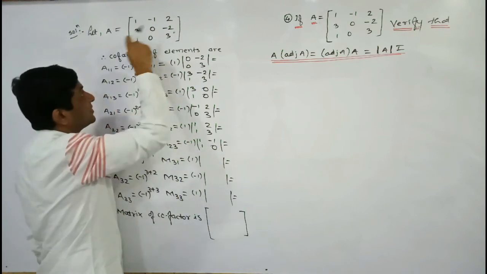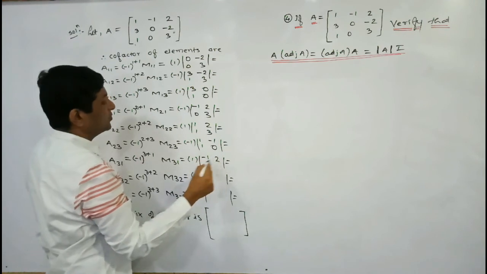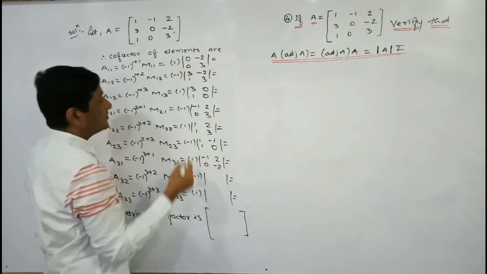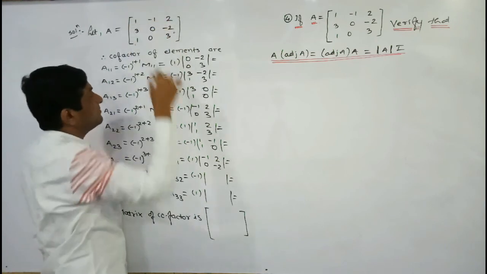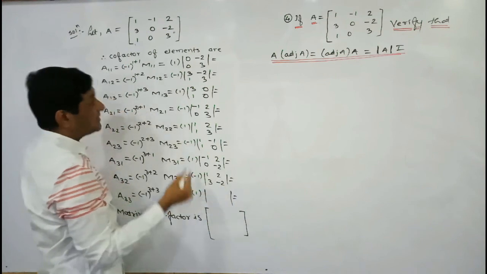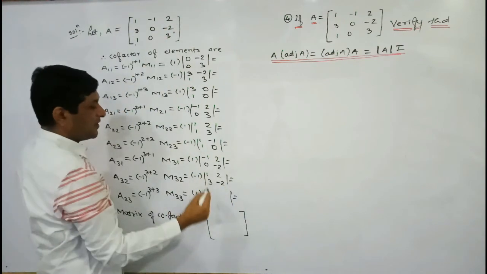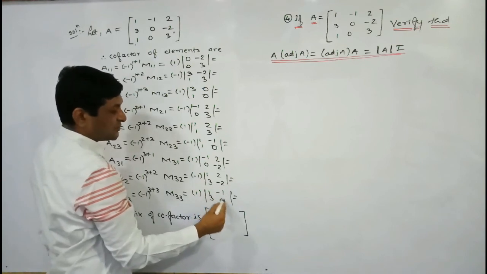Now delete third row, first column: -1, 2, 0, -2. Then delete third row, second column: 1, 2, 3, -2. Then delete third row, third column: 1, -1, 3, 0.